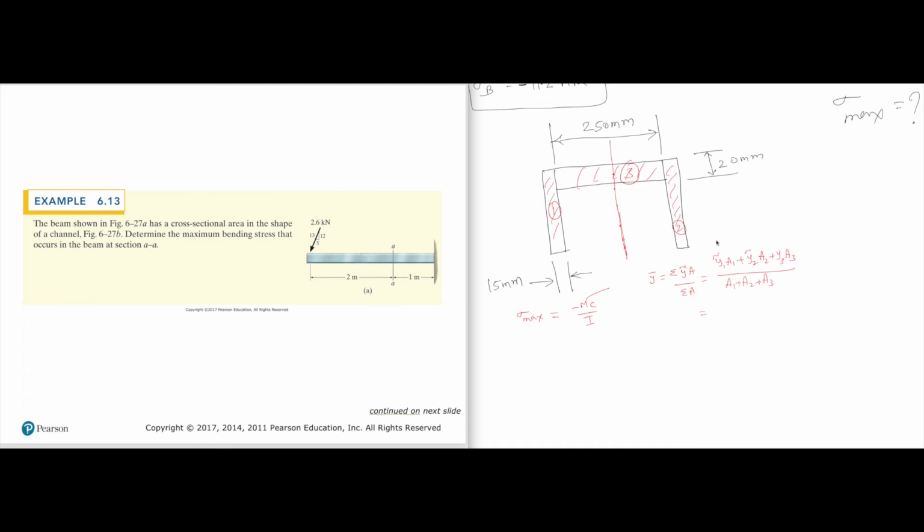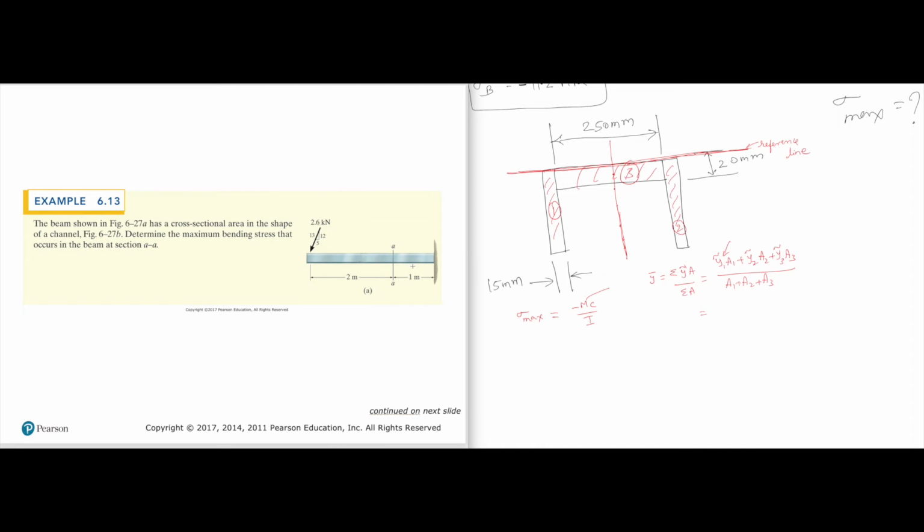Tilde is the distance of the centroid of part 1 from a reference line. We have to take a reference line. Let's take this to be our reference line. With respect to that reference line, where is the centroid of the first shape?